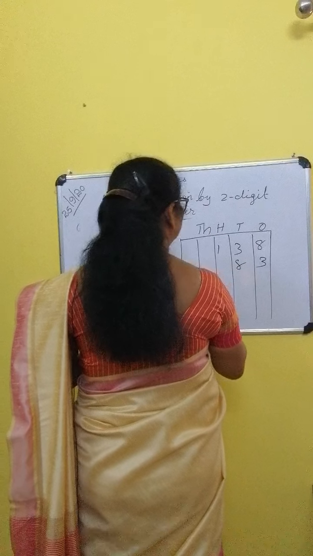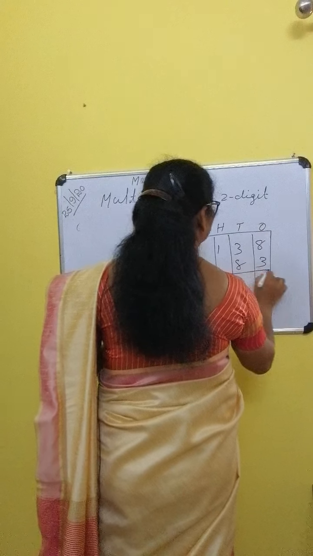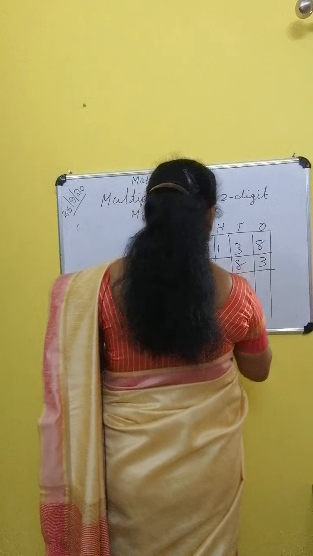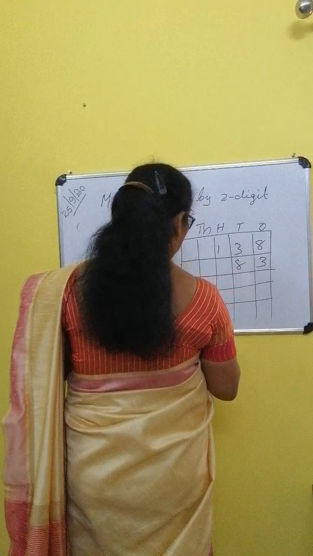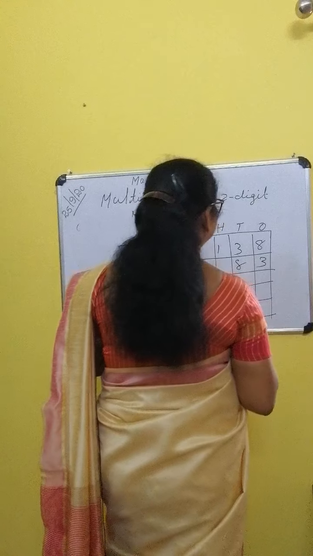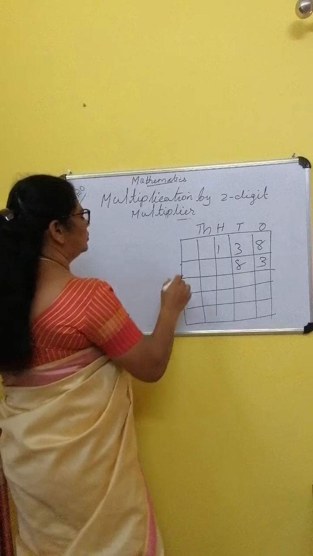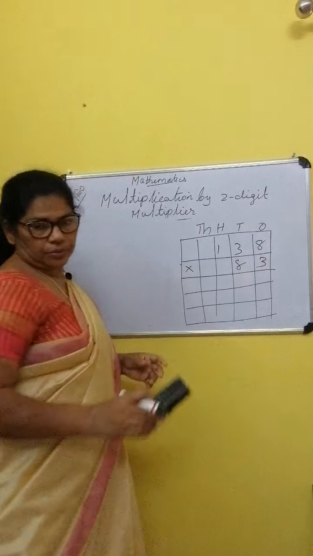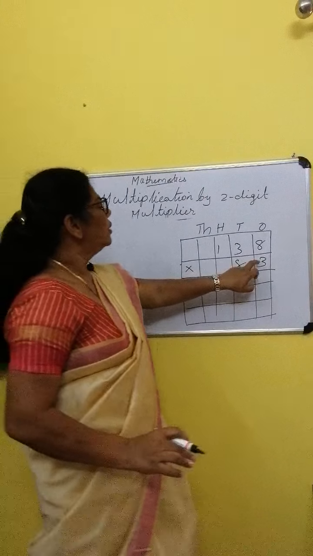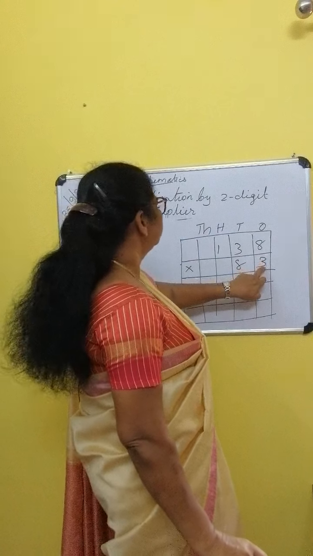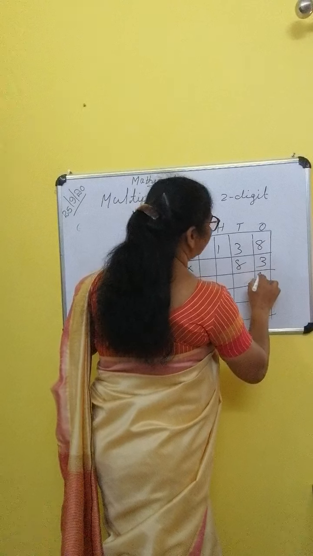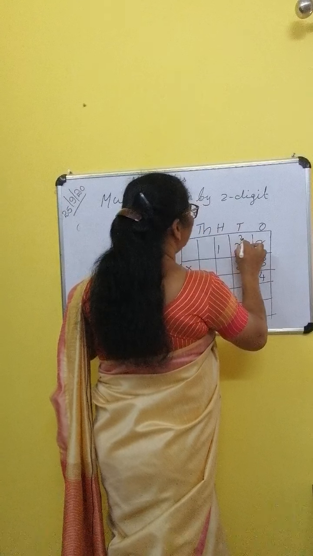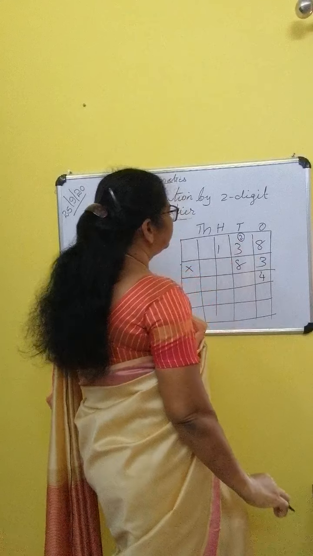83. Here put the multiplication sign. Okay. Then 3 8s are 24. 4 you write here. 2 is remainder.